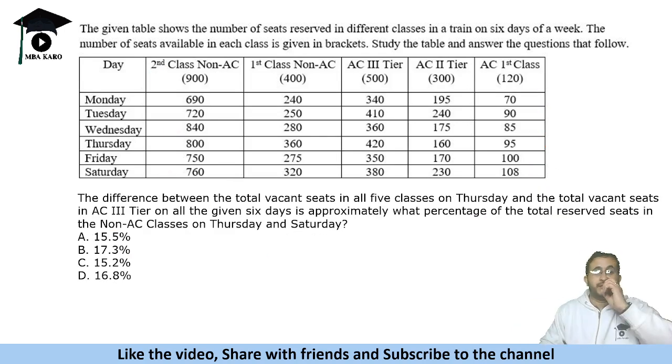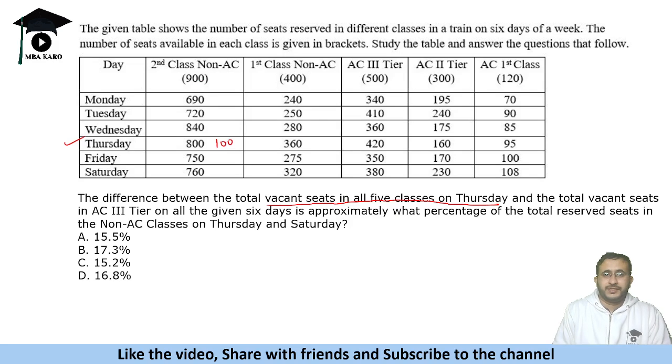a lot of values. The difference between the total vacant seats in all five classes on Thursday, and the total vacant seats in AC3 tier on all the given 6 days. So first of all, let us find all total vacant seats in all five classes on Thursday. Thursday means total vacant seats निकालना है.